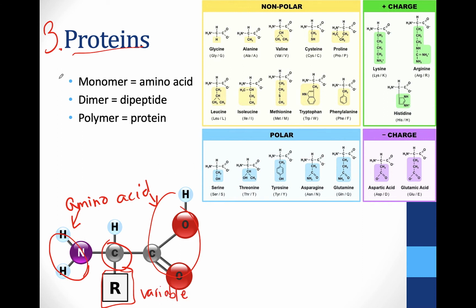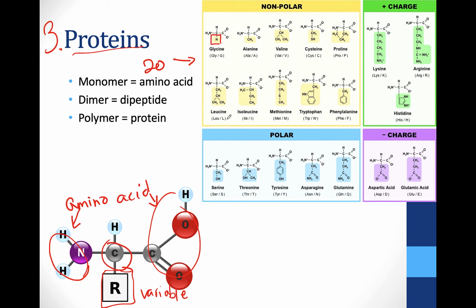There are 20 different amino acids, and all of those are over here. You do not need to memorize the names of these. But what you can see is in this little region that's boxed off, that's the R group. So for each of the 20 different amino acids, the R group is different. And when you have a different structure, that gives you a different function.